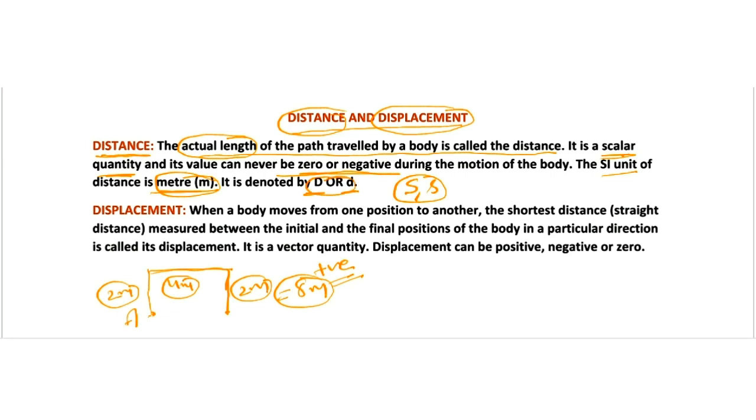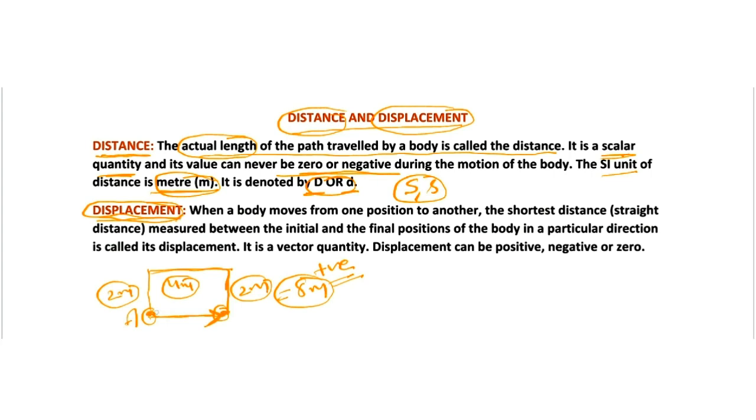Now let us discuss displacement. What is the difference between distance and displacement? Displacement is the shortest path between the initial and the final position. So A is the initial position, here is the final position, and the shortest path is this with direction.